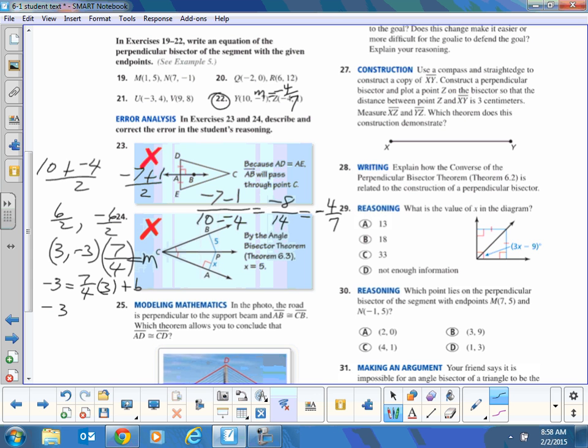Negative 3 equals 21 over 4 plus b. 21 over 4 is equal to 5 and 1/4 plus b. So this is negative 8 and 1/4 equals b. So y equals m, which we found to be 7/4 x, minus 8 and 1/4.